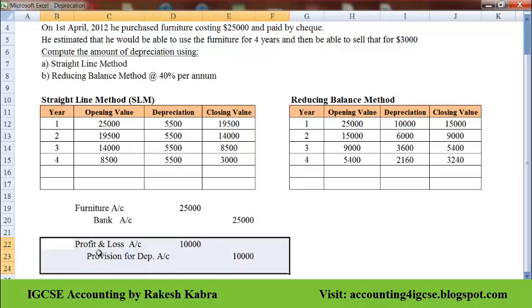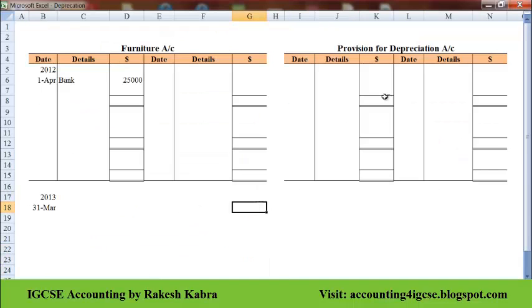See, profit and loss debit, provision account credit, isn't it? So provision account is credited, on the credit side. So on 2013 March 31st, on the credit side I will write the name of the opposite account, profit and loss account. I am writing the abbreviation.